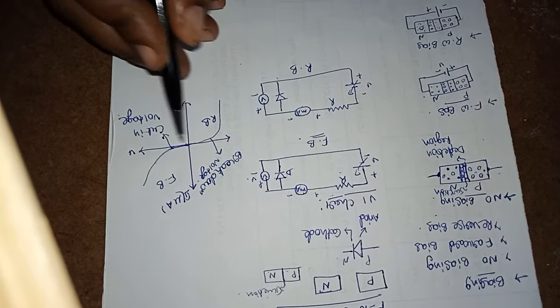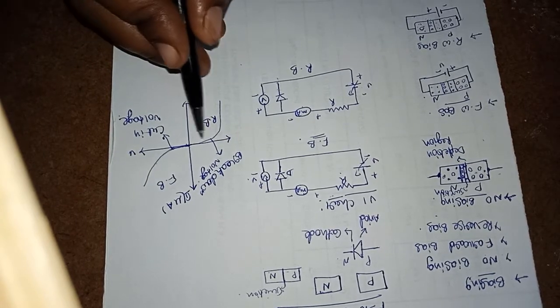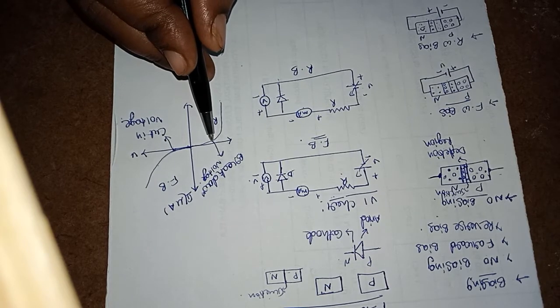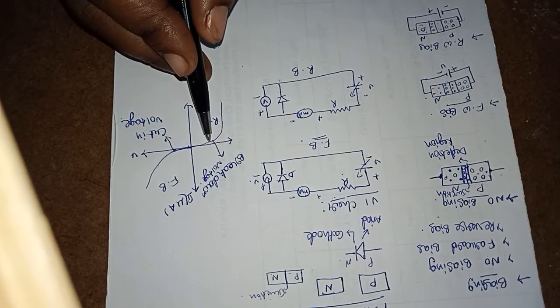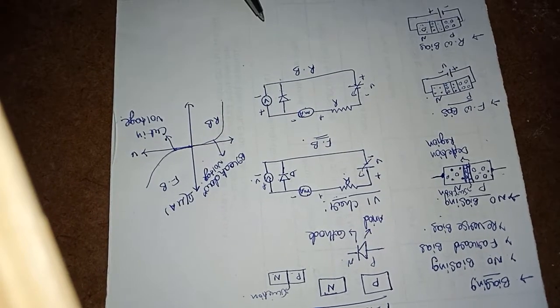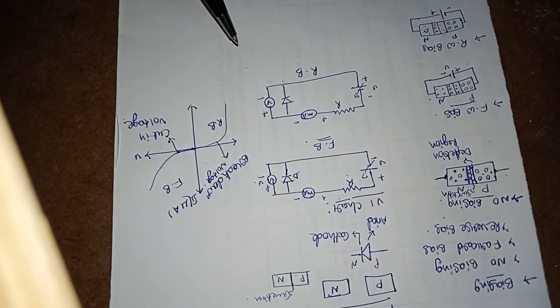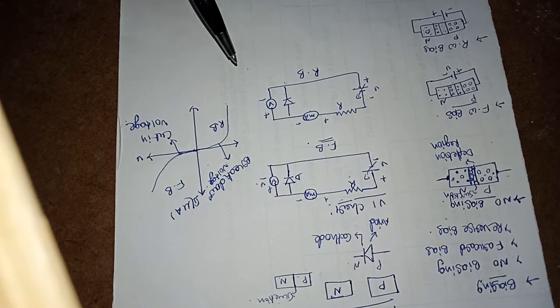If the reverse voltage is increased, then suddenly the current will increase. That sudden change is known as the breakdown voltage. So these are the characteristics of the PN junction diode.